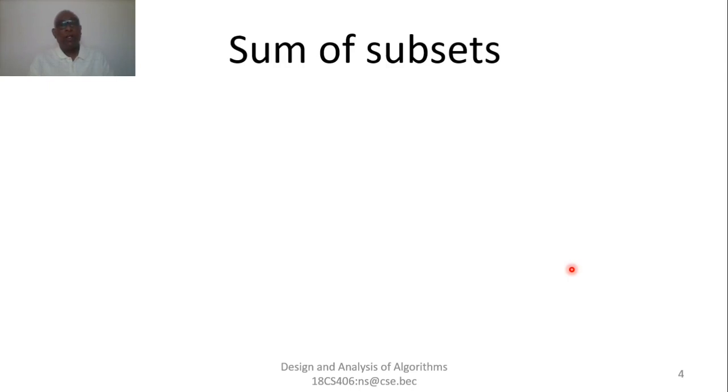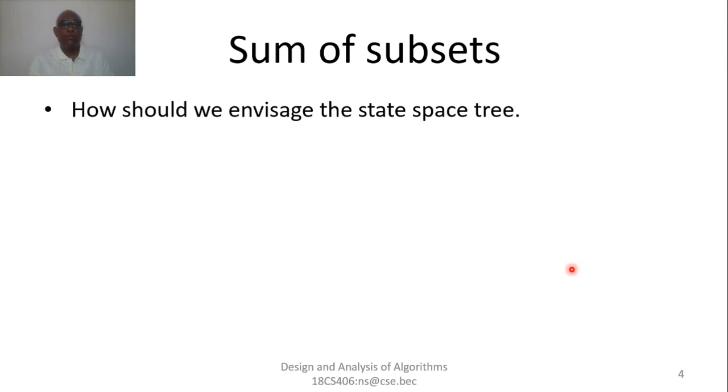Now, in backtracking, the nucleus of the methodology is the state space tree. So how should we envisage the state space tree in the sum of subsets problem?